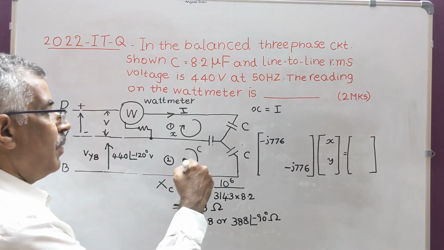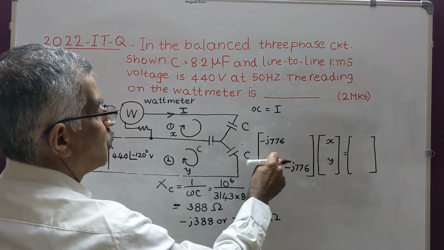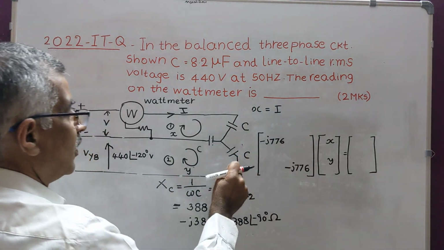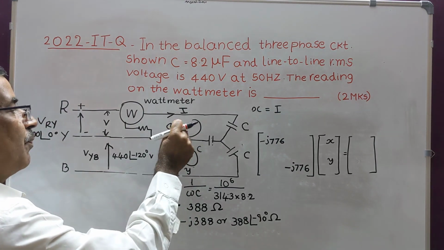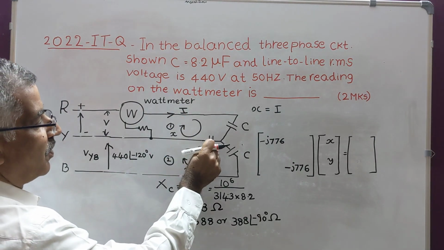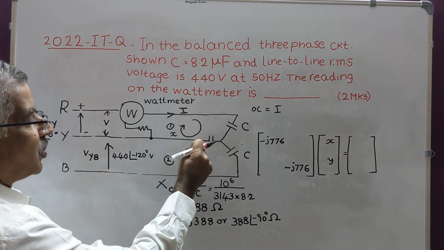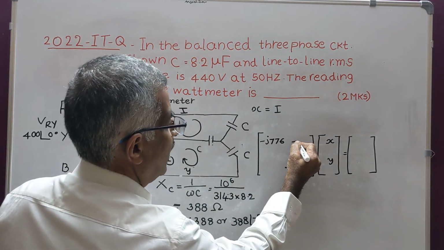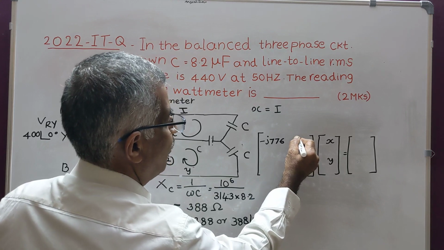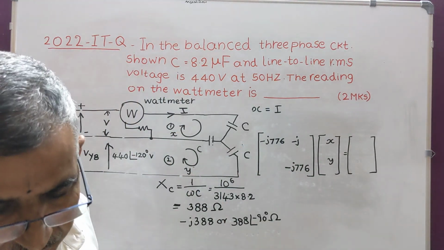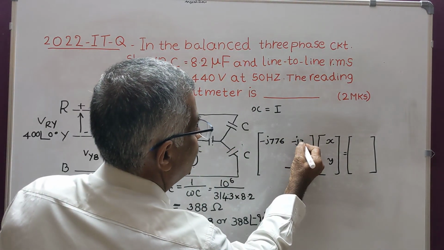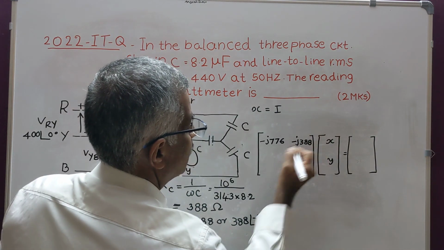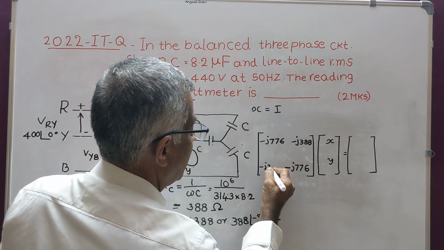Next, we have to write these two numbers here. Now the impedance common to mesh 1 and mesh 2 is this, and the mesh currents are in opposite directions. Therefore, here minus J 388, minus J 388.